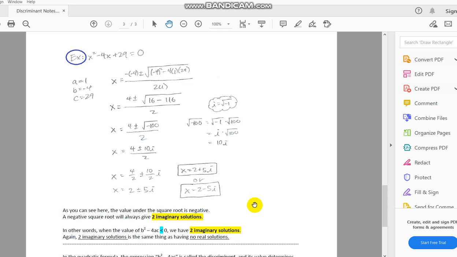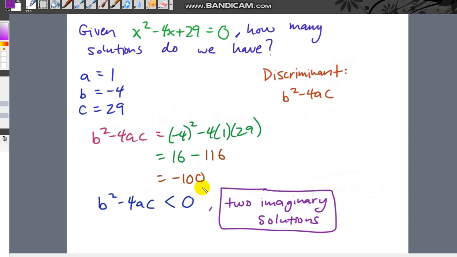Yep, this was what we got. Pretty cool. So of course, this is the work for it, but you could actually do this without much work, without actually solving using the quadratic formula.